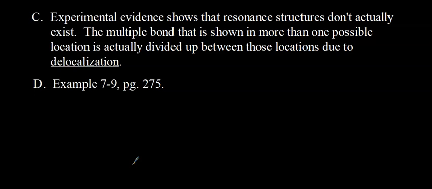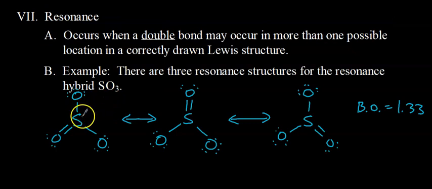So the electrons that make up that pi bond, the second of the double bond, are delocalized, meaning they don't belong to just sulfur and one of the oxygens. They belong to sulfur and all of the oxygens. And those electrons that make up the pi bond are able to move around between sulfur and each oxygen.